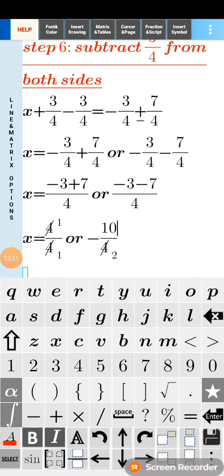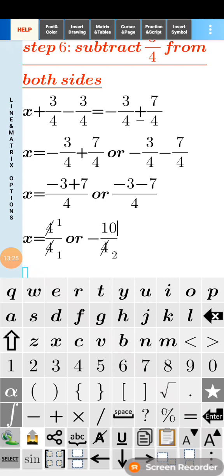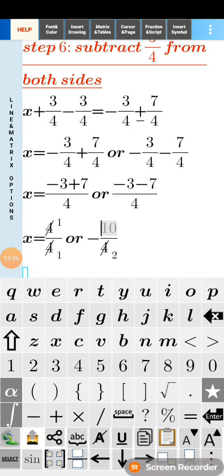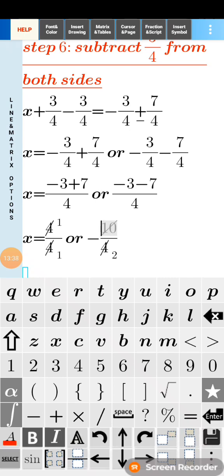Then how many times can I say 2 in 10? Let me highlight this. Can I say 2 in 10? That is 5 times.